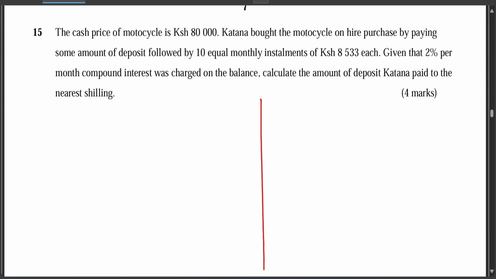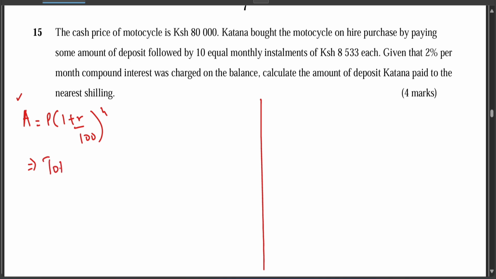to the nearest shilling. So to the nearest shilling, very easy. So what we know is that amount is equal to principal multiplied by 1 plus r over 100 power n. So this is something that you should put aside. Now, you've been told 10 equal monthly installments, so each month he had to pay 8,533.